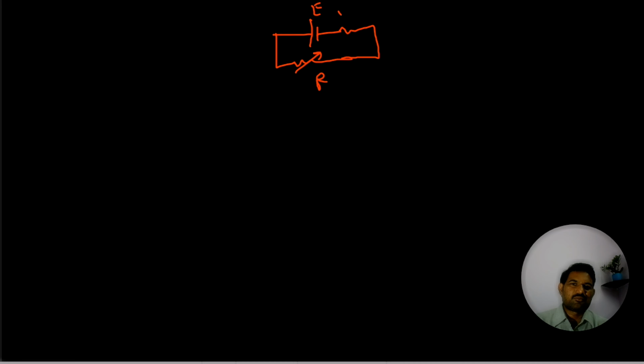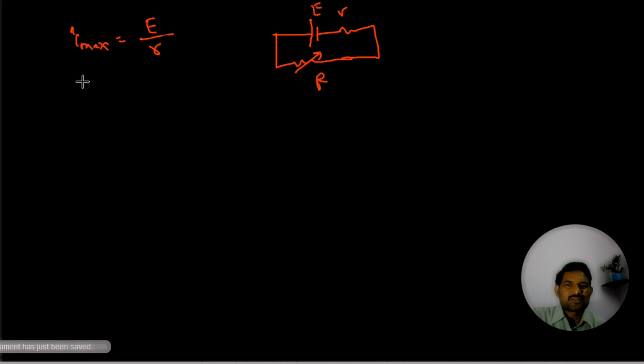This is EMF E and resistance r. So therefore I maximum will be equal to E by r. When capital R is variable, you will get the maximum current when capital R is equal to 0 here. This is the maximum current, right?